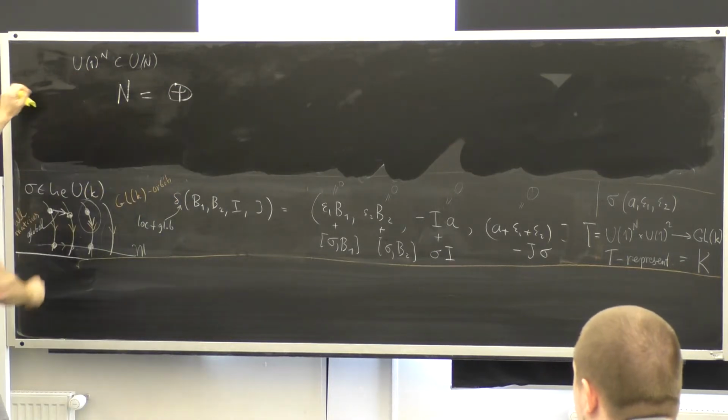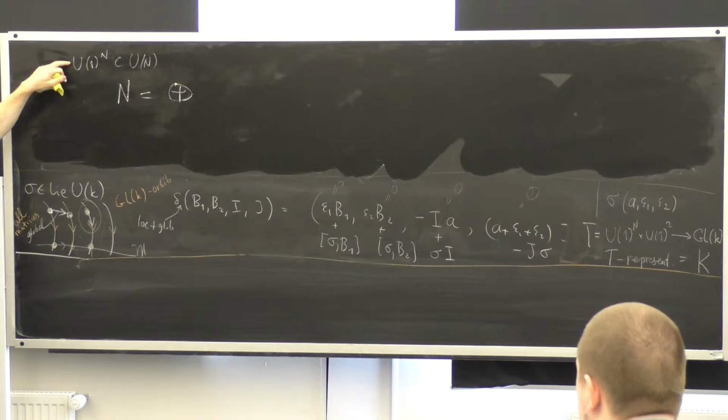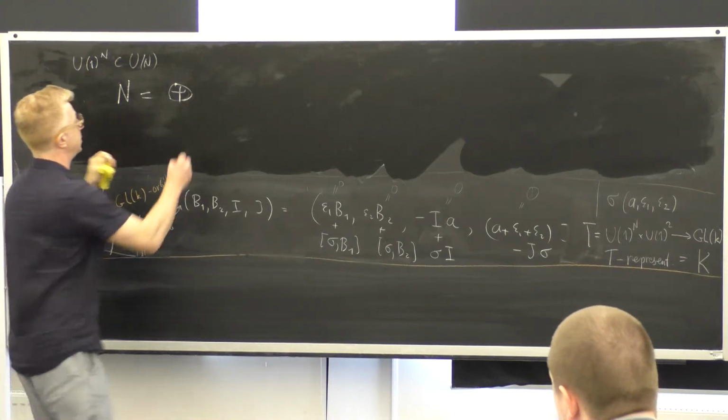So think of this as a group of diagonal matrices. They're diagonal in some basis. That's the basis which I'm talking about.